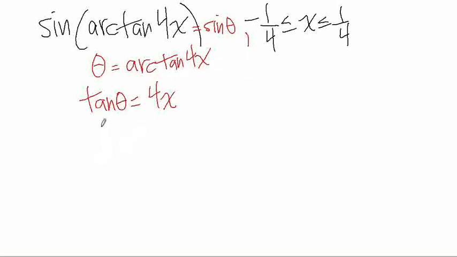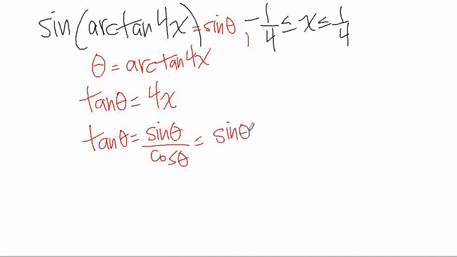Okay, so can we figure that out? Well, we know that the tangent of theta is equal to sine theta over cosine theta, which is equal to sine theta over plus or minus the square root of 1 minus sine squared theta. Once again we need to determine whether we go with the plus or minus version.